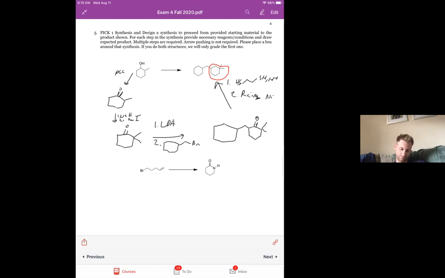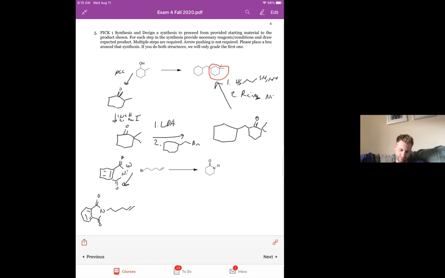So if I throw in this phthalimide on here, I can actually leave it on for a little bit.